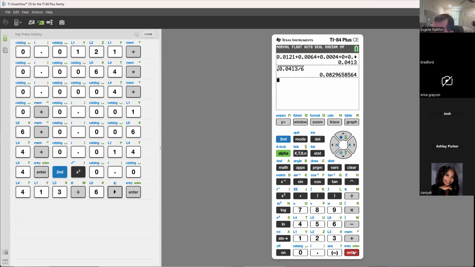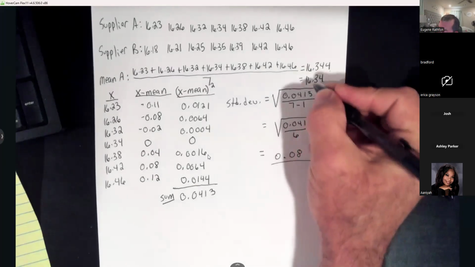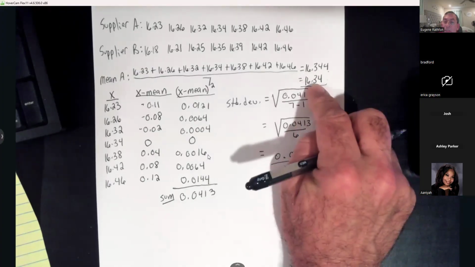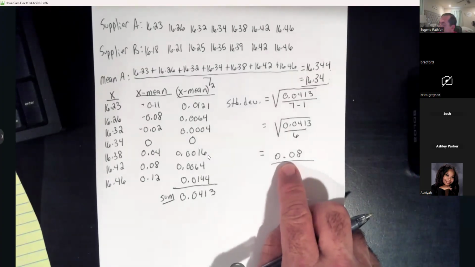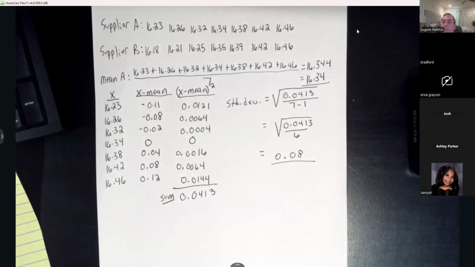So that'd be 0.08. And y'all, looks like we will keep that at 8 because it's got a 3 after it. So the standard deviation for that one, so let me go back to the pad, was 0.08. So we go in and we're going to put our mean of 16.34 and our standard deviation.